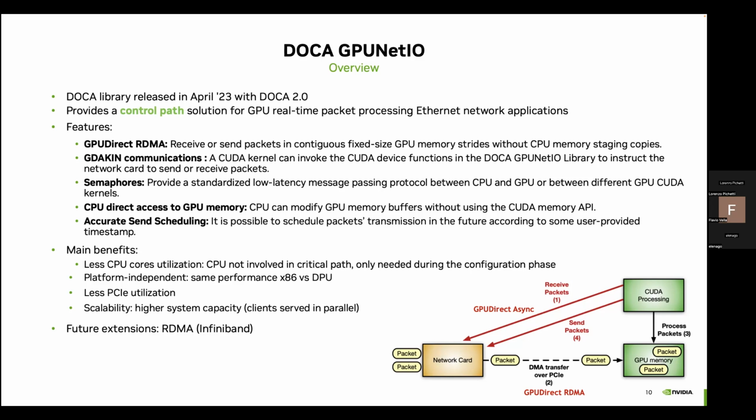Now, I just want to put the focus on this item because we are looking for collaboration. DOCA GPUNetIO is starting to be widely adopted by Ethernet GPU applications, but there's nothing preventing us from also enabling the same technology over RDMA in DOCA. There is DOCA RDMA today, but it's a CPU-only library.